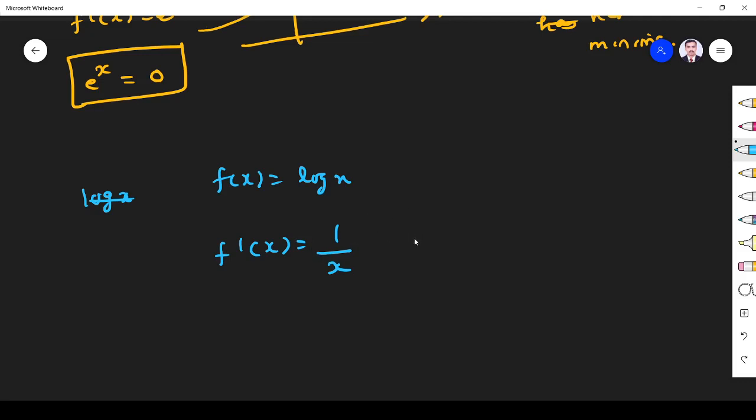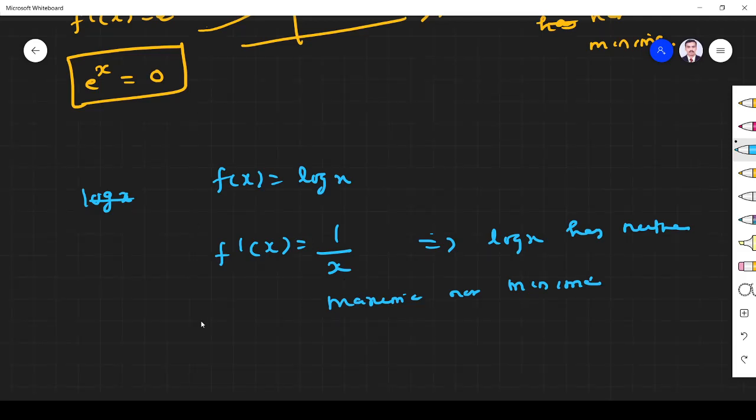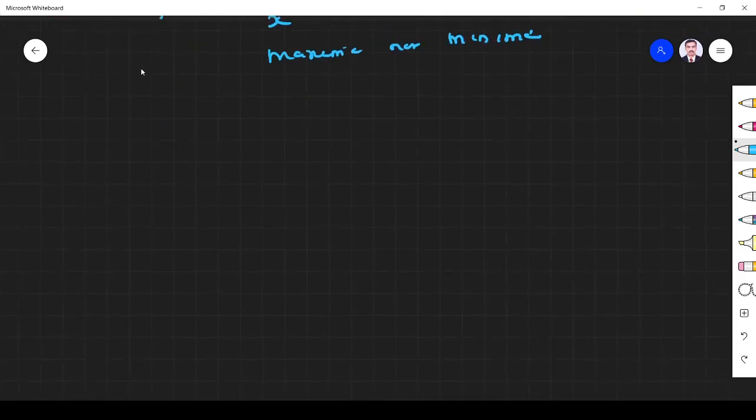So log x has neither maxima nor minima, because I cannot find the location, right? It will never become 0. So I cannot find the location of the maxima or minima, nor the value of the maxima or minima. So these two functions are examples of functions which have neither maxima nor minima.